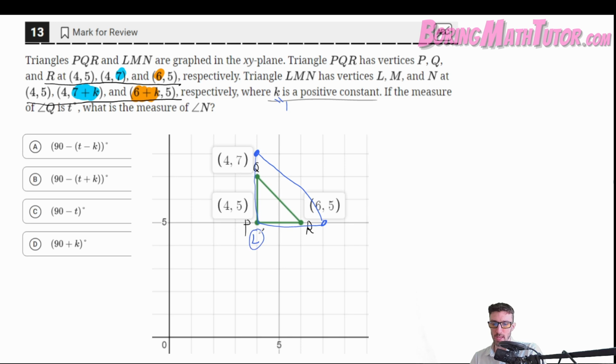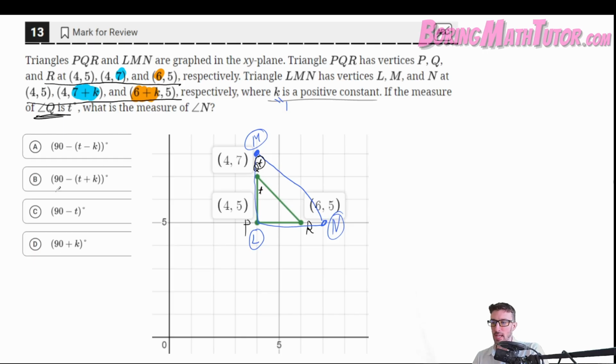So this one is L, and then M is the one up here, and then this would be N. And they're asking for the measure of angle N, but they're telling me that angle Q is t, so that means t goes right here. So it's t degrees, I'll just put a t. And that would mean that this one is also t up here.